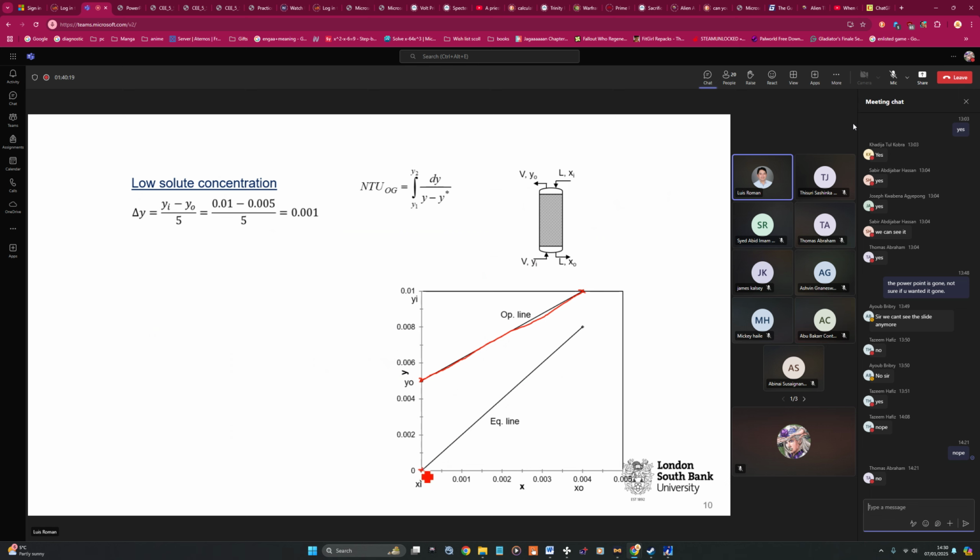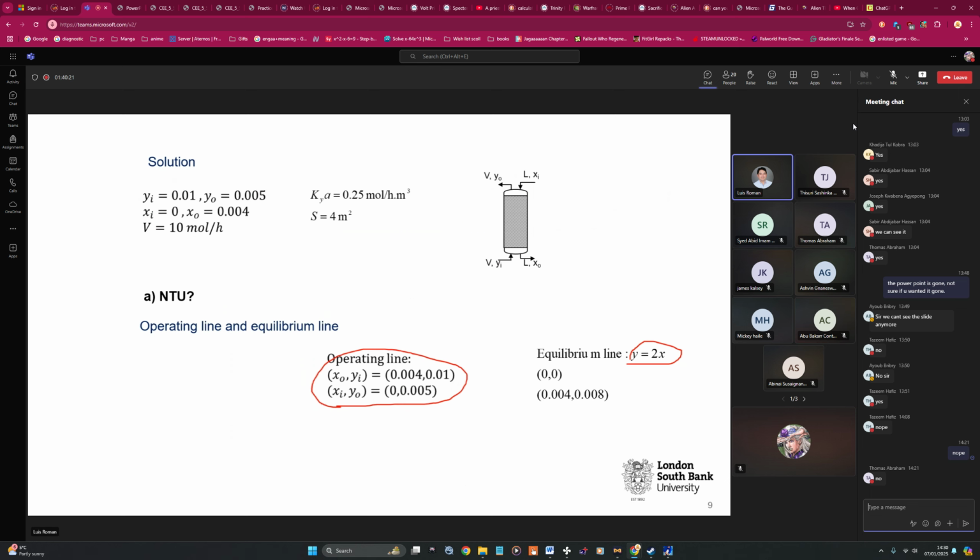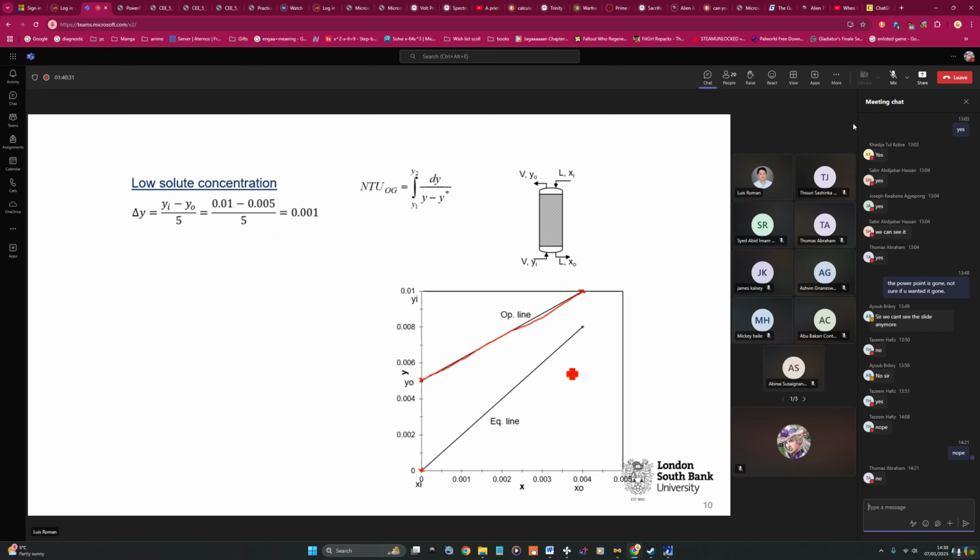So when x is equal to 0, y is equal to 0, so that's 1 point. And for the other point, you can use any value of x. But if you notice, your operating line is only going up to 0.004 in x. So that's basically the limit.